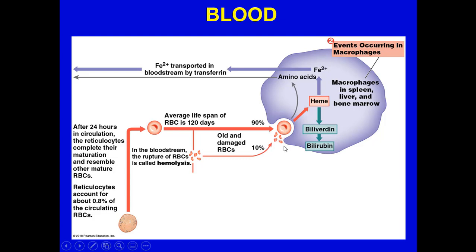The cells, old and damaged, are going to be assimilated, taken up by macrophages in the spleen, liver, and bone marrow. You have a strip down of the heme, the iron, the amino acids. The iron gets transported in the bloodstream by transferrin. Amino acids can be transported easily. And then the heme group is broken down into biliverdin and bilirubin.